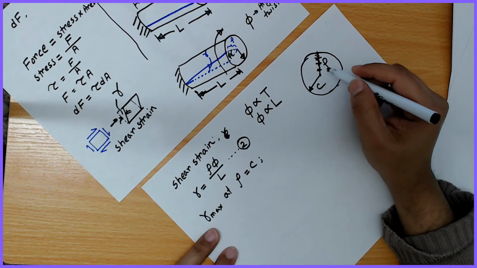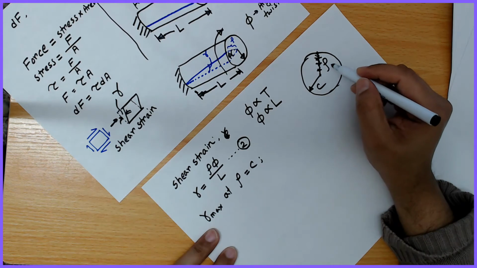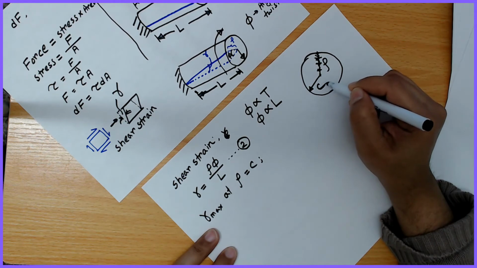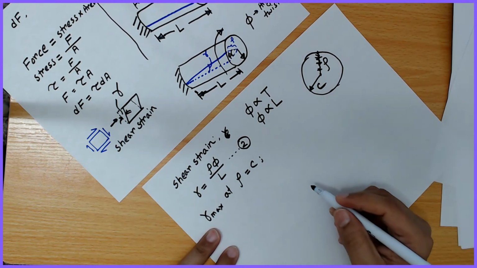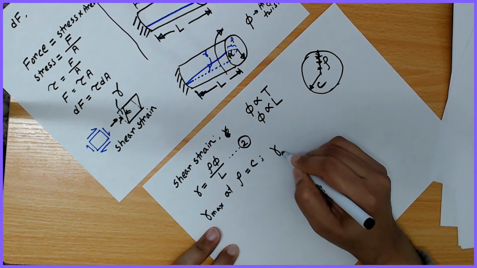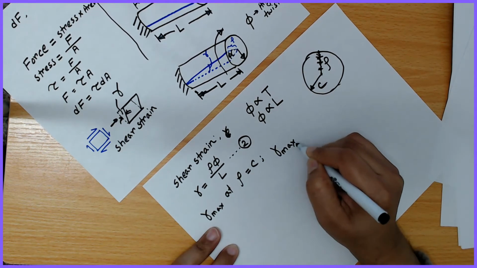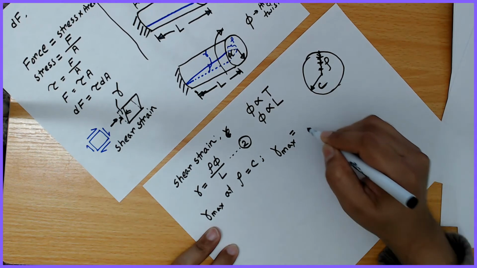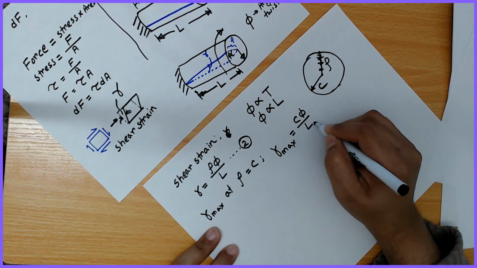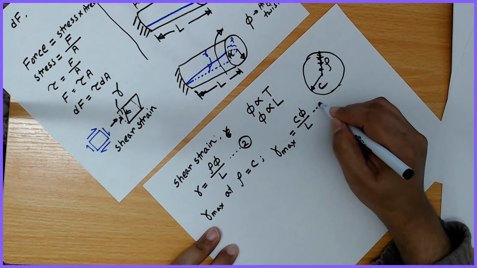So the strain will be maximum at the outer surface, and for this outer surface the radius is C. So we can say gamma maximum equal to C phi by L. This is my equation 3.